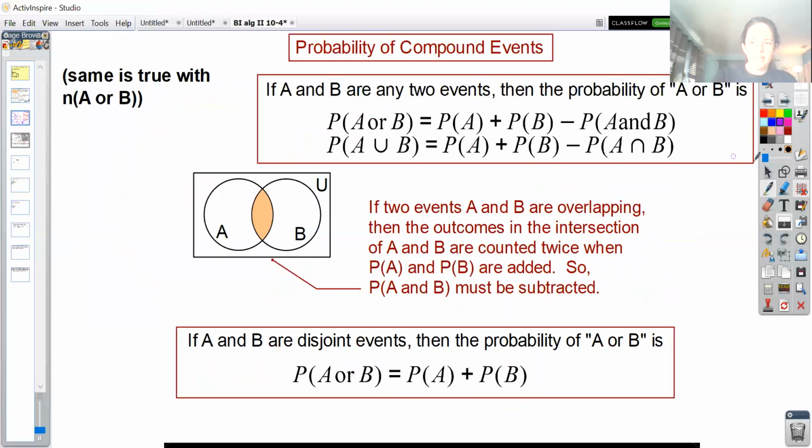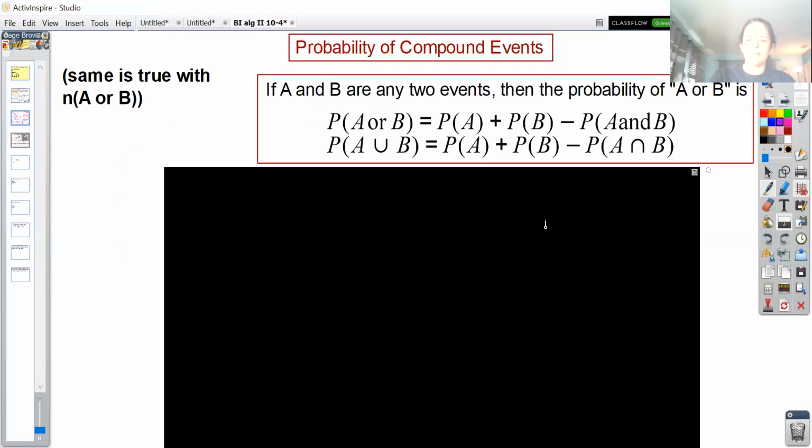Here is the formula that goes along with that. So I know that this looks a little bit overwhelming. It's a lot of writing, but it's not actually that terrible. This is just the formula that goes along with what we just did. And it says, for any two events, the probability of A or B, which is that union, would be the probability of A. So I'm going to draw this for you with the Venn diagram.